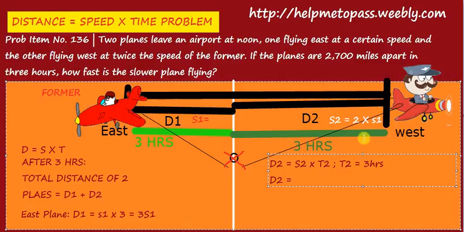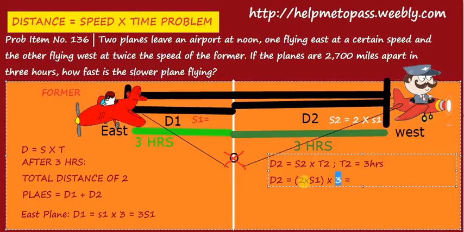S2, as you can see here, is equal to 2 times S1, and that's the value of your S2, times T2. What is T2? It is 3 hours. So times 3.